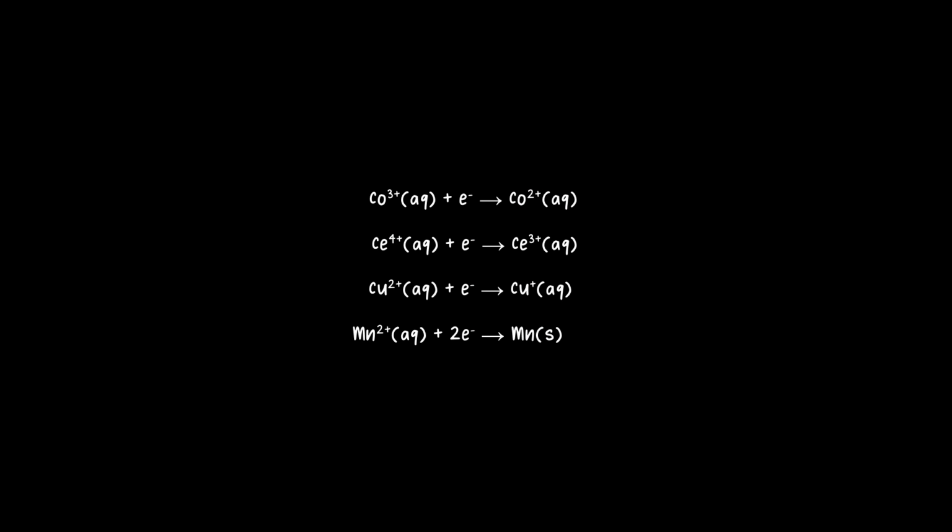And so here we have the full reactions. All we've done is add electrons to balance them. And we're always going to write these as reduction reactions. So going from left to right here is reduction. If we were to go back to our data, cobalt is our strongest OA, and therefore our weakest reducing agent.